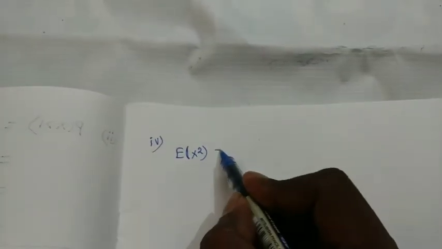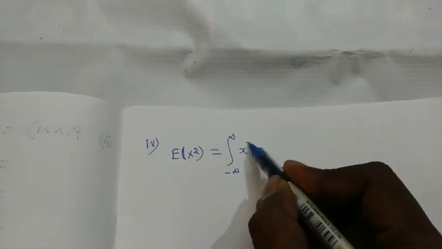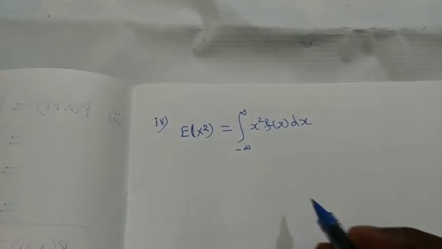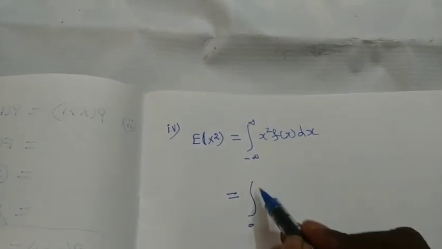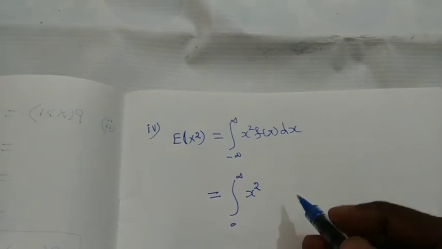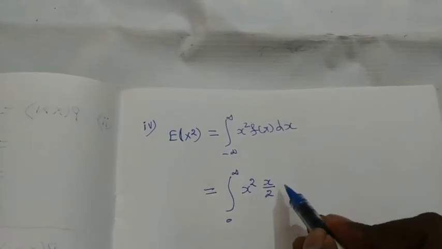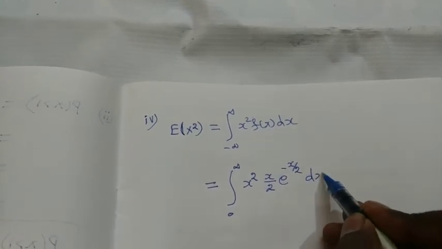Okay, so next I am going to find out E of x square. The formula for E of x square is the integral from minus infinity to plus infinity of x square f of x dx. Now the range of f of x is greater than 0, that means 0 to infinity of x square into f of x. f of x is given in the problem as x by 2 into e power minus x by 2 dx.